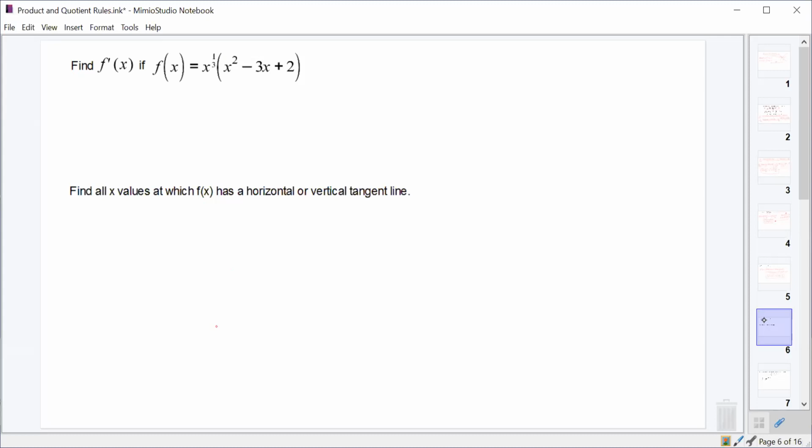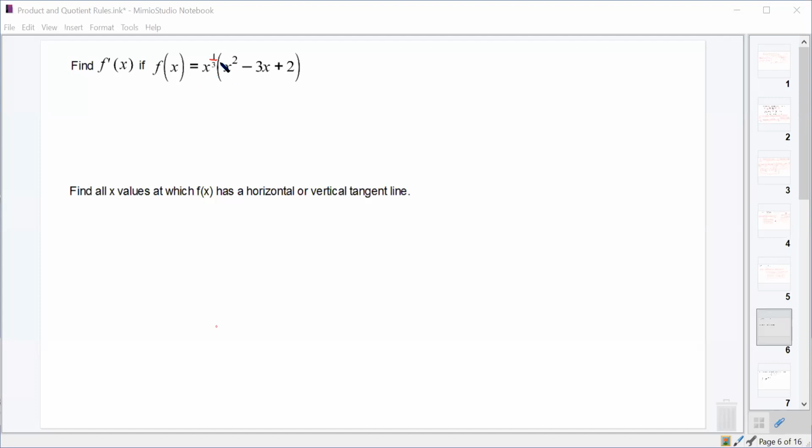Do you want to work on finding the derivative on your own, and then we'll deal with the rest of it together? All right, cool. I'll give you 1 or 2 minutes to find the derivative. Ready, go. Make sure you got your derivative right first, and then we'll worry about this vertical and horizontal tangent line stuff in a second.